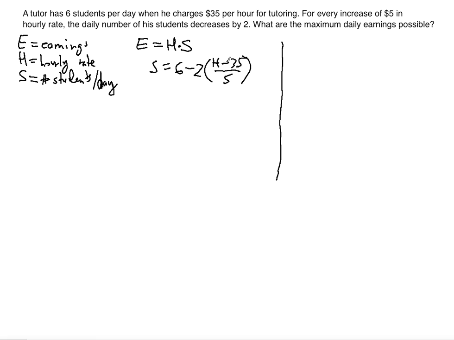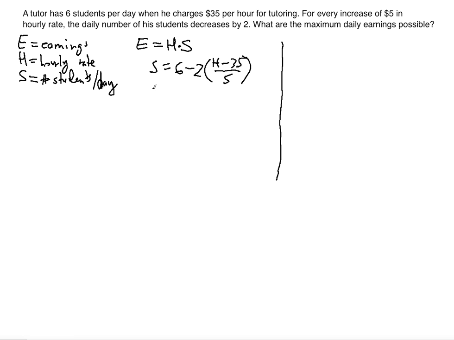Because for every $5 increase, we multiply by 2 because it says that the number of his students decreases by 2. So if we have, let's say, 4 $5 increases in the hourly rate, then this 4 will be multiplied by 2 to find the number of students that are missing now, right? Because more students will leave as he increases the price. Okay, so this equation makes sense in that way.